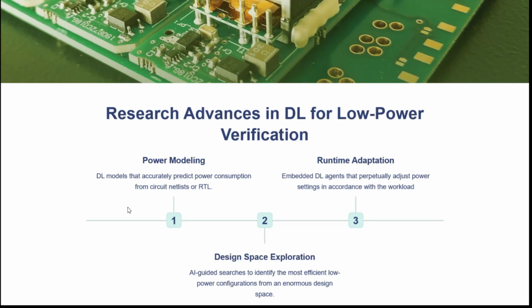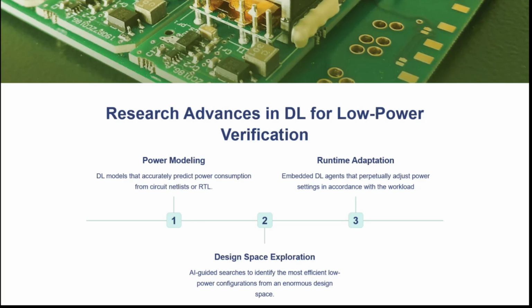In power modeling, as discussed, the deep learning models accurately predict power consumption from the circuit, netlist, or RTL level itself, so that the verification time and the number of cycles we iterate in the verification process will reduce. So definitely the design may improve, and we can also reduce the power consumption during the verification process.